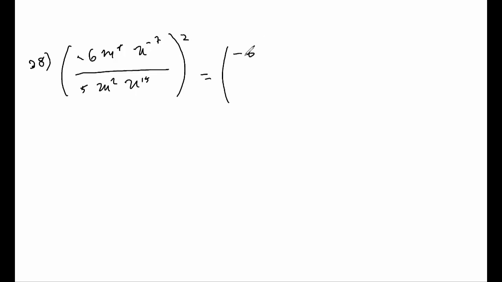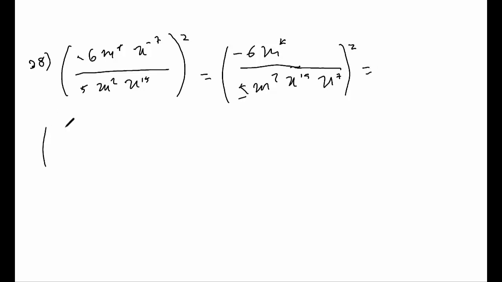Negative 6 m to the 4th. Nothing on the bottom here is negative, over 5 m squared n to the 15. And then I'm going to bring down the n and make that to the positive 7. And now I will square it. So now I'll just organize everything. So I'll put my numbers in my first bracket, negative 6 over 5, squared.